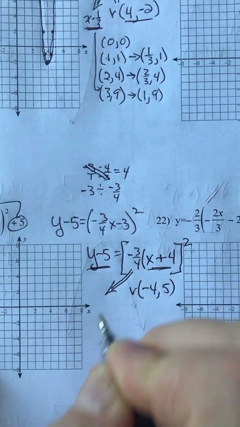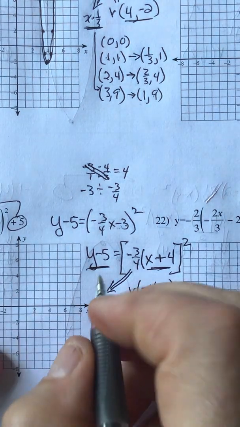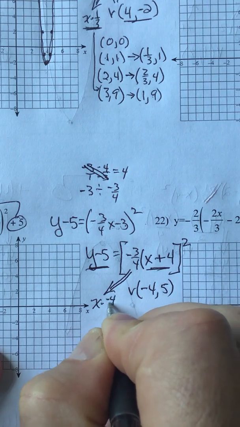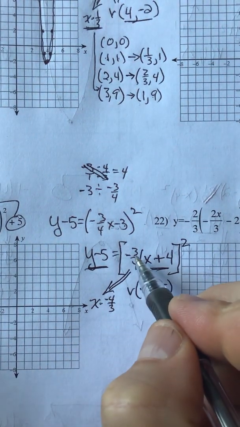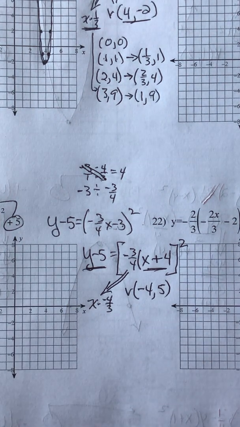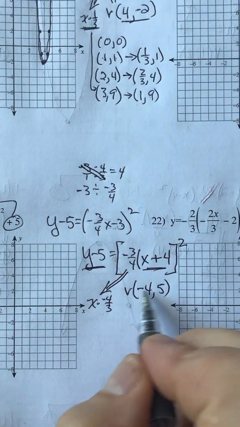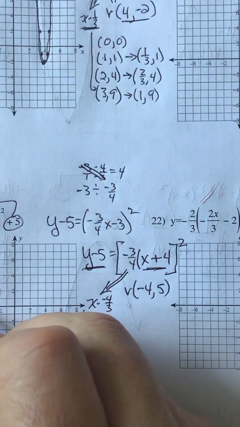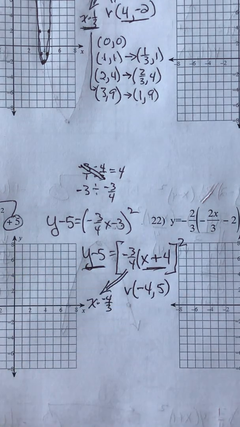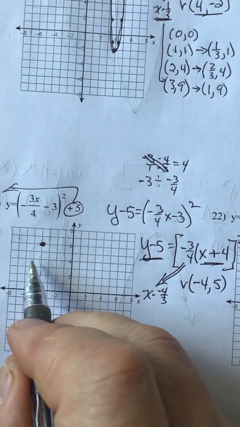Now, all of the x's are all getting multiplied by negative 4/3, because 3/4 times 4/3 equals 1. Multiplicative inverses have to make 1. So I'm starting here, negative 4, 5. So there's the negative 4, 5.